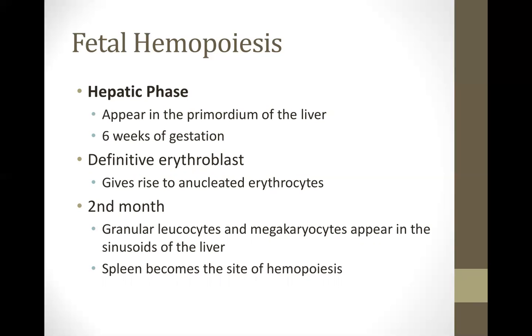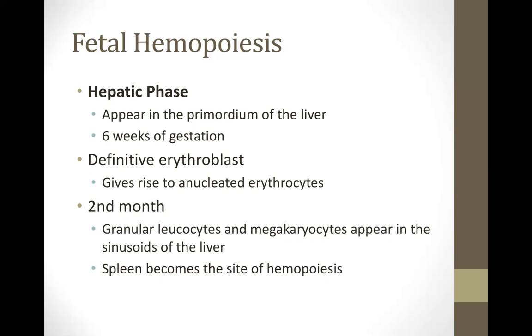Now, at this phase, the definitive erythroblast will give rise to nucleated erythrocytes. As we all know, RBCs don't have a nucleus, right? But in this phase, after the definitive erythroblast, they will give rise to anucleated RBCs. If the mesoblastic phase occurs at the second week, the hepatic phase occurs as early as 6 weeks.